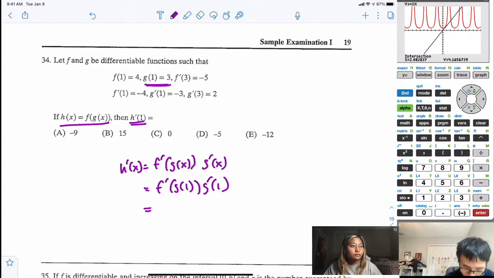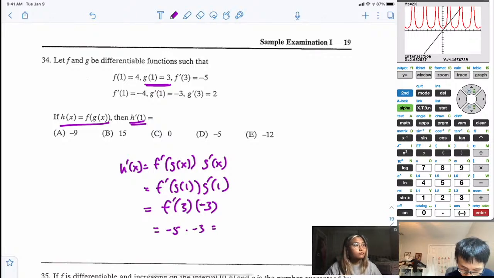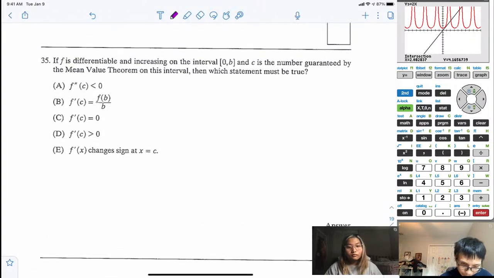So g of 1 is equal to 3, and g prime of 1 is negative 3. And f prime of 3 is negative 5, times negative 3 is equal to 15. Good job, Ariana, on that one.